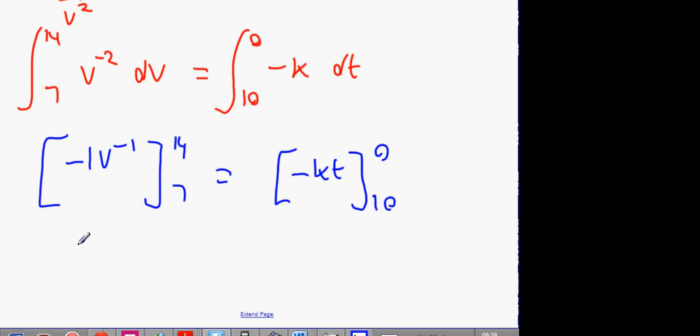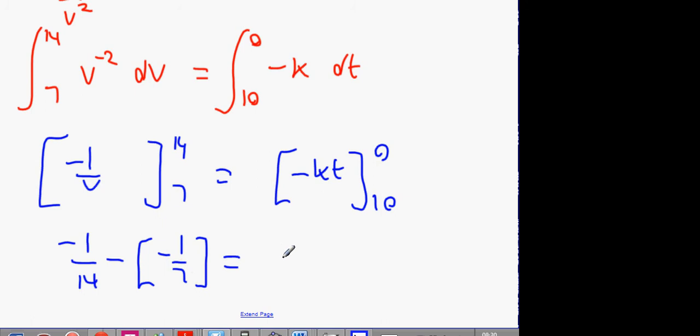So we're going to get minus 1 over 14 minus 1 over 7, and that's going to be equal to minus k times 0 minus k times 10.